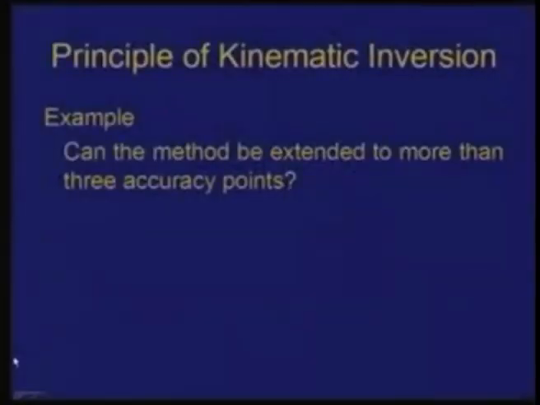Similar thing is true for the location of O4, which is the center of the circle passing through 3 positions B1, B2, B3. Then the question is, can we extend this method to more than 3 accuracy points? Because then A1, A2, A3, A4, which are all 4 arbitrary positions, there is no guarantee that they will lie on a circle. So, there is no way we can determine the center.